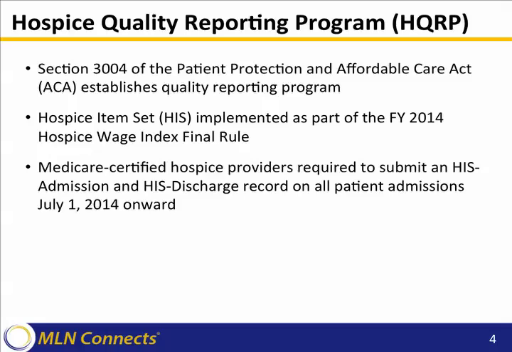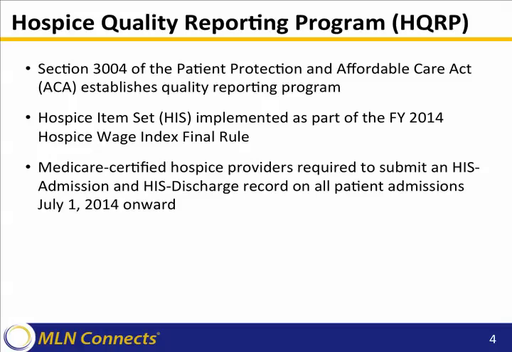To comply with Affordable Care Act requirements, the Centers for Medicare and Medicaid Services, or CMS, implemented the HQRP in the fiscal year 2012 Hospice Wage Index Final Rule. CMS implemented the Hospice Item Set as part of the HQRP in the fiscal year 2014 Hospice Wage Index Final Rule.